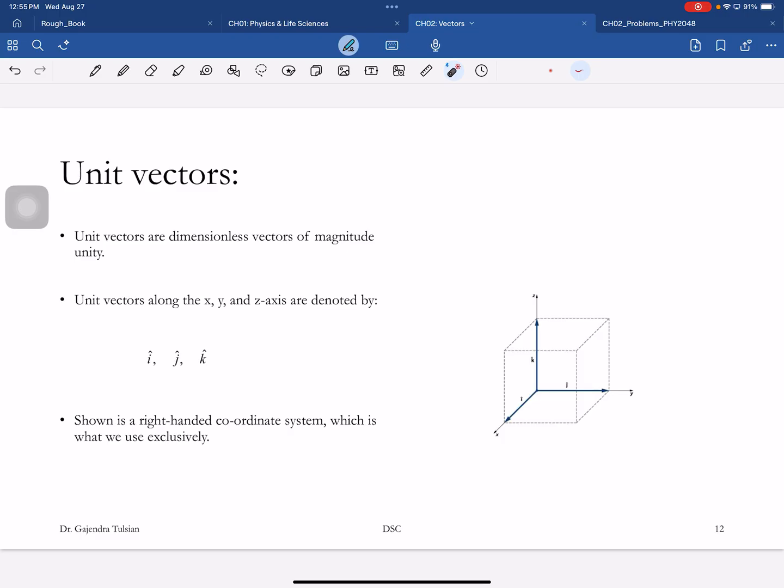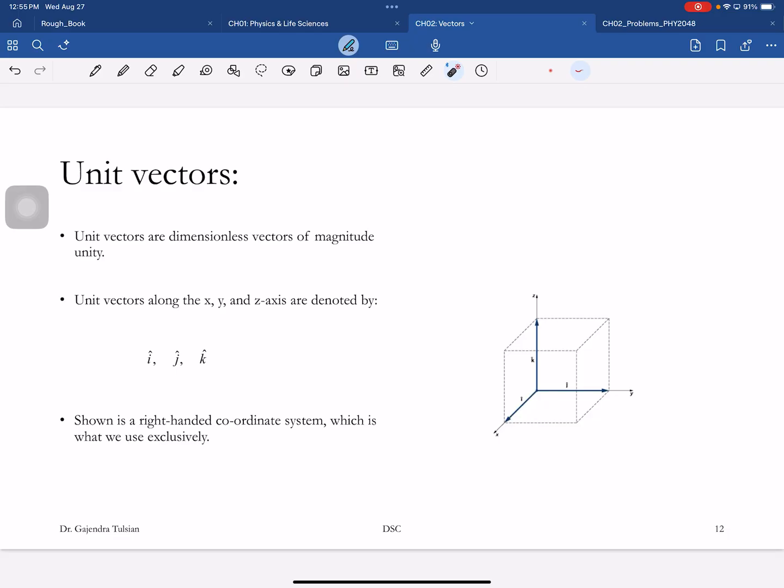We'll introduce 3 special friends. These are unit vectors. What do you think that means? Their length is 1 unit. And they're dimensionless, so we're going to use them for velocity, acceleration, and so on.